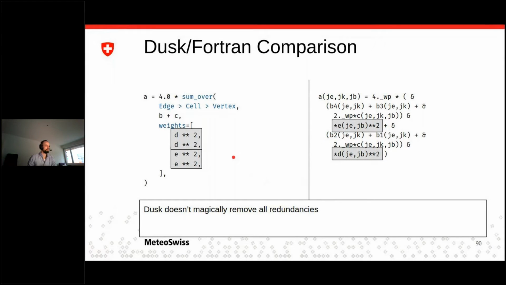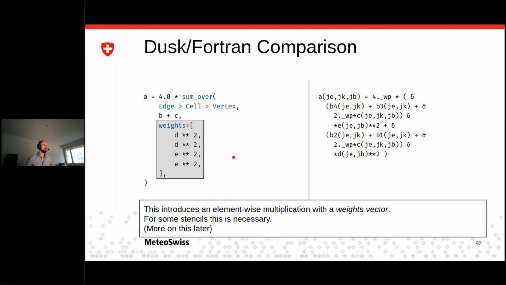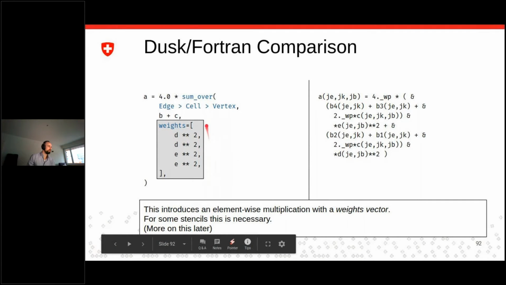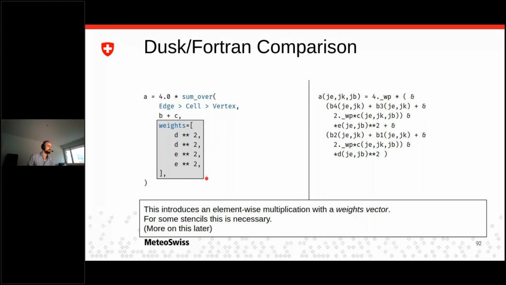So Dusk doesn't magically remove all of the redundancies, and it doesn't make your code high quality magically on its own. I think it's honest to acknowledge this for an honest and fair discussion. To elaborate, this introduces an element-wise multiplication with a weights vector. For some stencils this is necessary, and you will probably learn tomorrow what exactly this means.